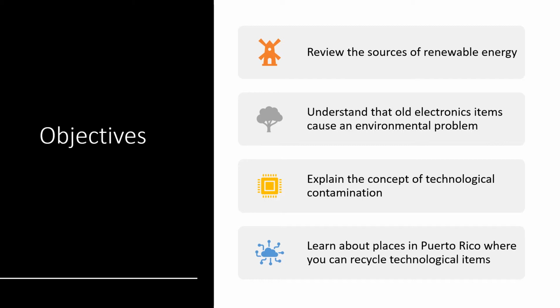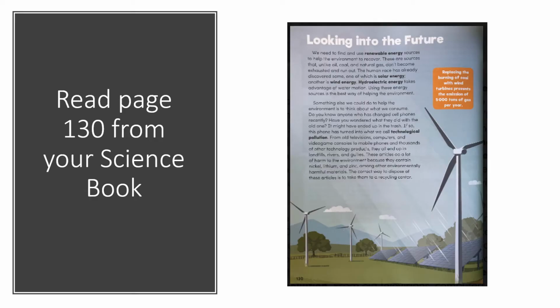We have to understand that all electronic items can cause an environmental problem. So we have to explain the concept of technological contamination or technological pollution. And finally, we're going to finish this presentation learning about places in Puerto Rico where you can recycle technological items.